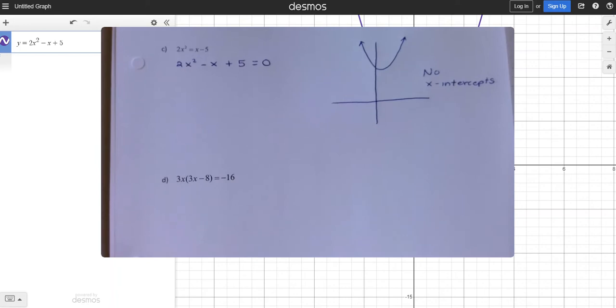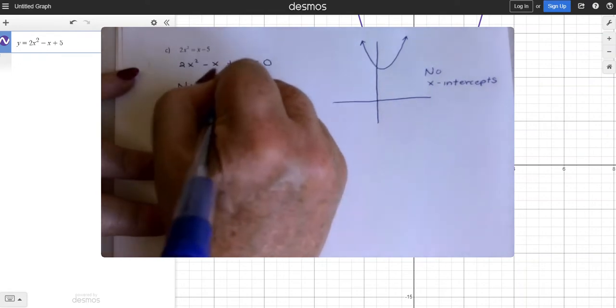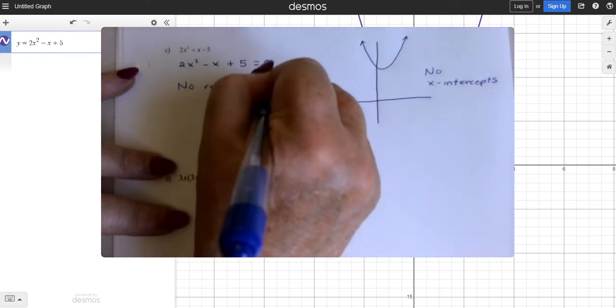Well, if you remember last time when we were graphing parabolas, if the zeros were imaginary numbers, we don't see them on the graph, right? So the best I can do with technology here is to say there are no real valued solutions.